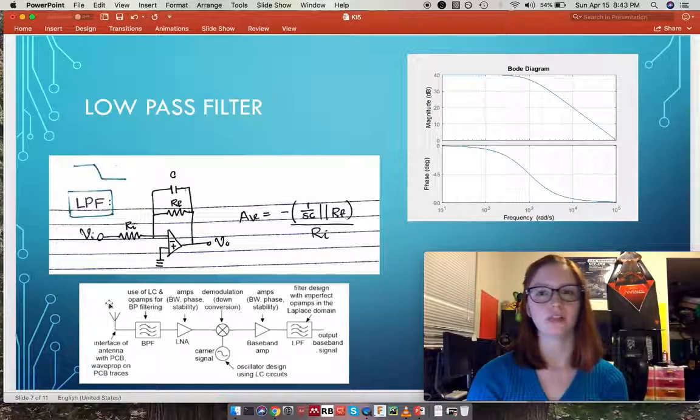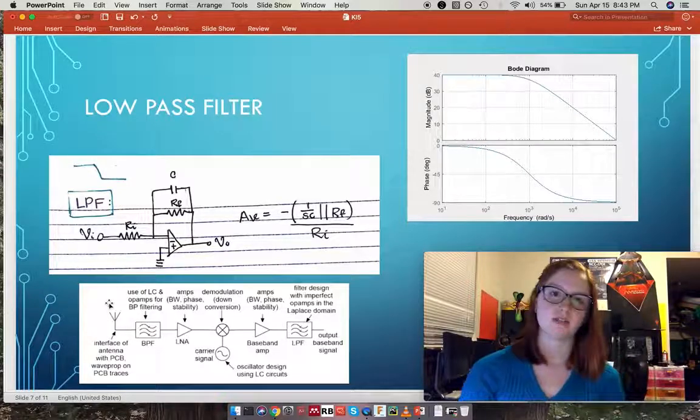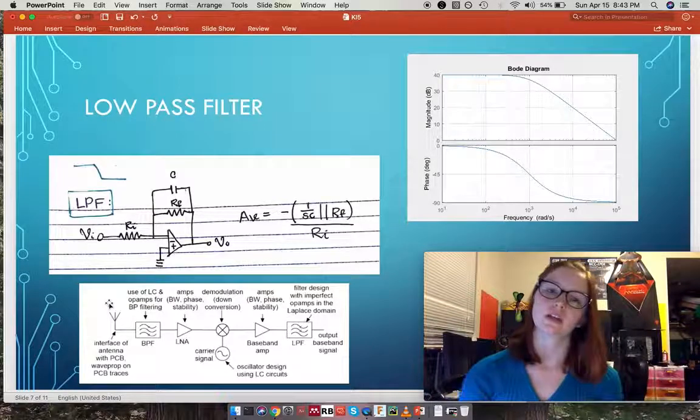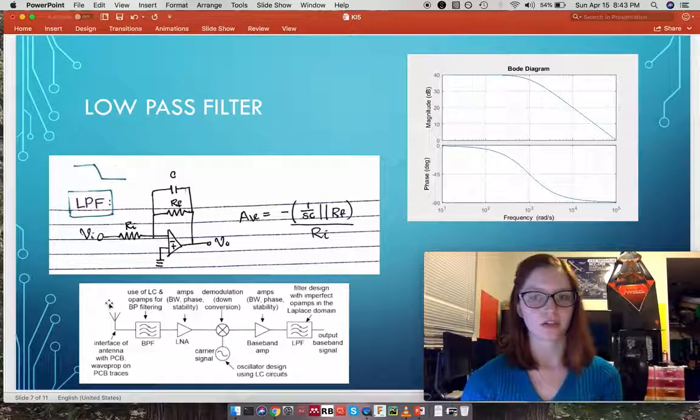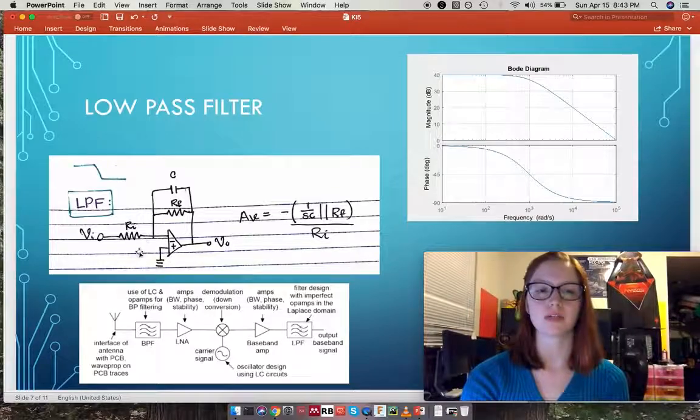And now let's try to build a bandpass filter. In order to build a bandpass filter here, our best method is to take a low-pass filter and a high-pass filter. So let's first look at the low-pass filter here, and you can see that it has an input resistance, an output resistance, and a capacitor.